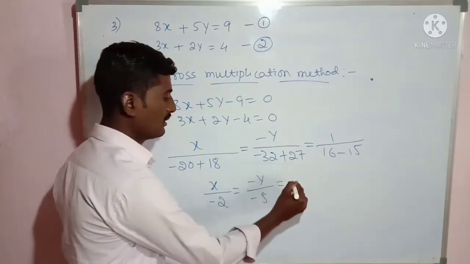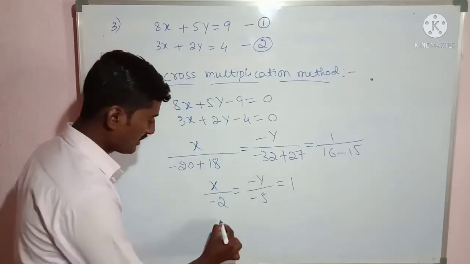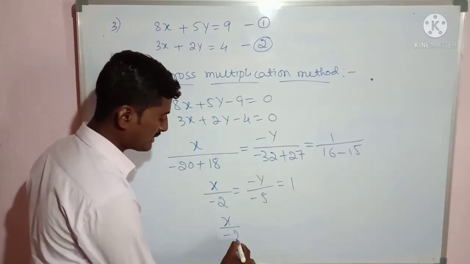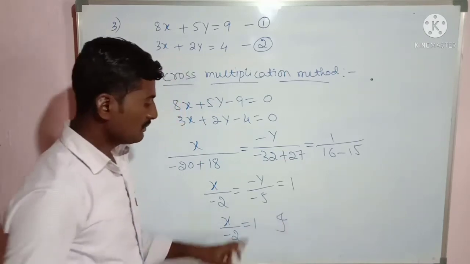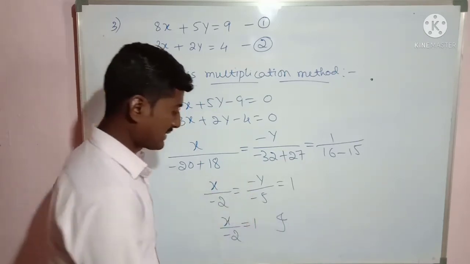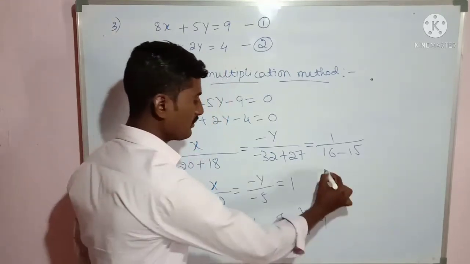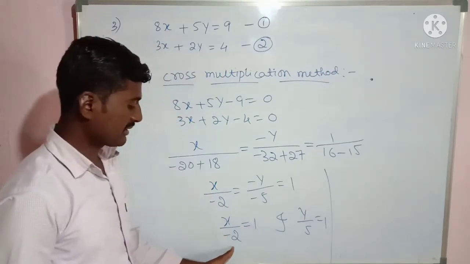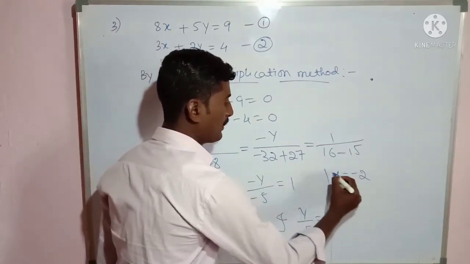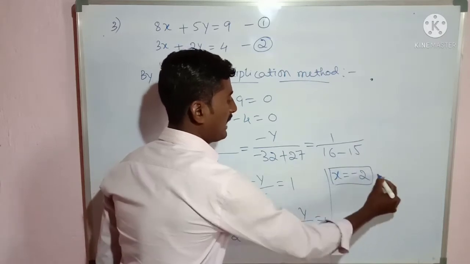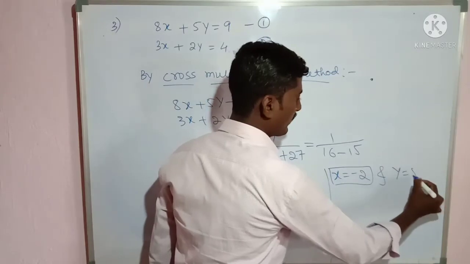That is equal to what? 1. Now we shall take the first and last term, that is x divided by minus 2 is equal to 1, and one more, minus minus will get cancelled, y divided by 5 is equal to 1. Now from this, by cross multiplication I will get x is equal to minus 2, and y is equal to how much? y is equal to 5.